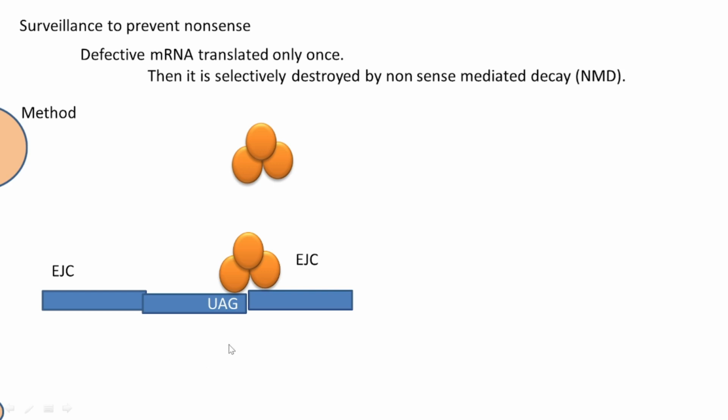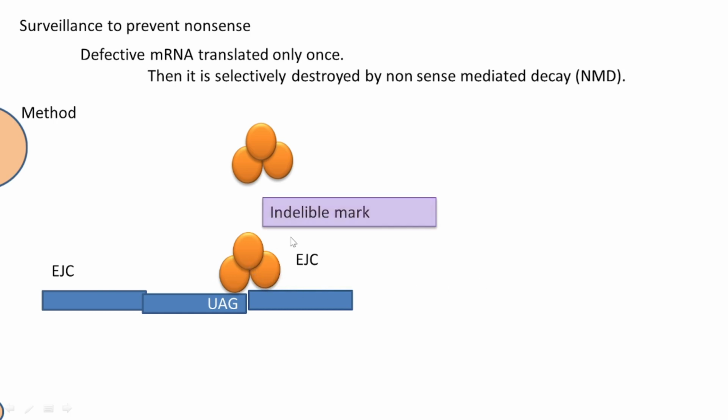The protein resulting from this process is not normal, and we need to destroy this mRNA. How can we destroy this mRNA? This improper mRNA still has some more exon junction complexes in the downstream exon-exon junctions. Why? Because the ribosome dissociated from this point without removing all the other exon junction complexes located downstream.